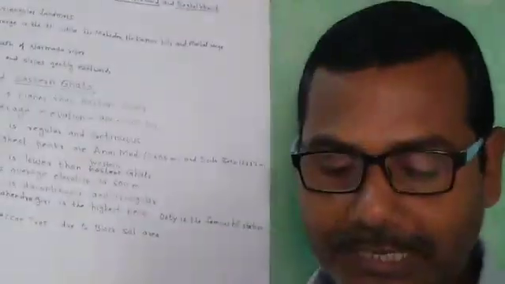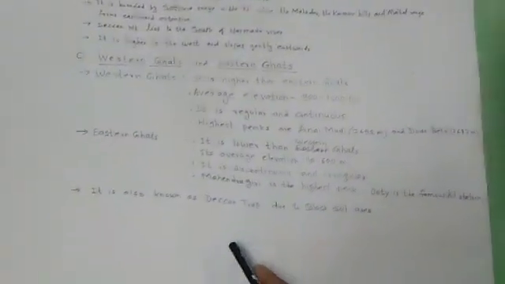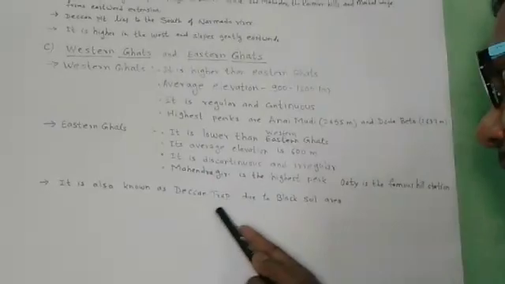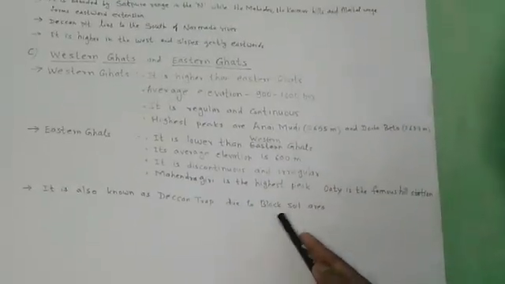One of the features of the Peninsular Plateau is the black soil area that is known as Deccan Trap. These black soil regions are known as Deccan Trap.